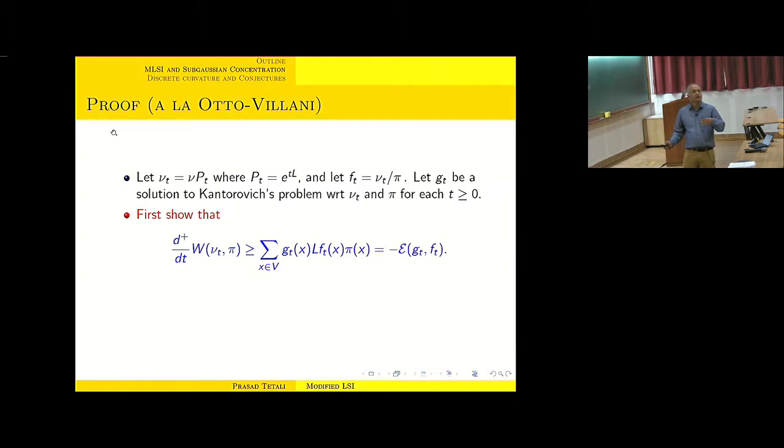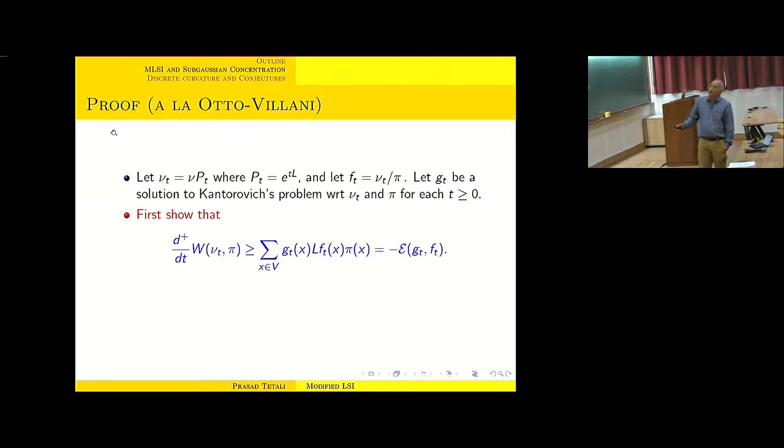Sometimes the primal is called Monge and the dual called the Kantorovich problem. I showed you the dual formulation, the supremum over all Lipschitz f of E_mu f minus E_nu f. It's that f; this g_t is that dual. And as I mentioned yesterday, you look at the time derivative of the Wasserstein distance. Formally, you can show that it's at least the Dirichlet form.